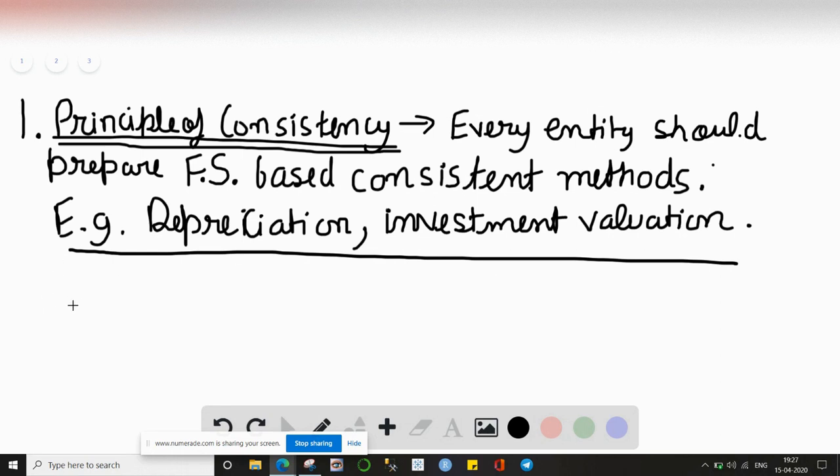So now let's move to our next principle under GAAP, the principle of accrual.